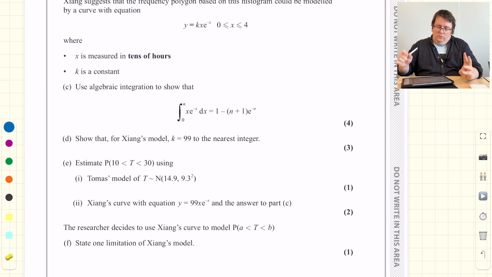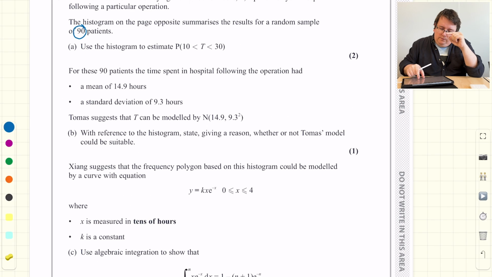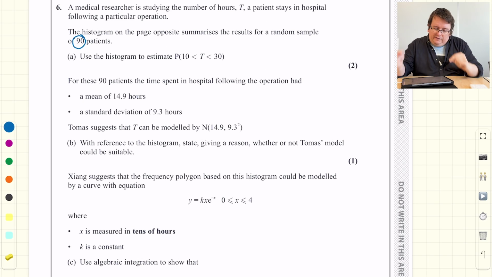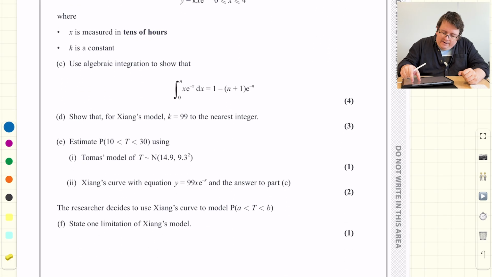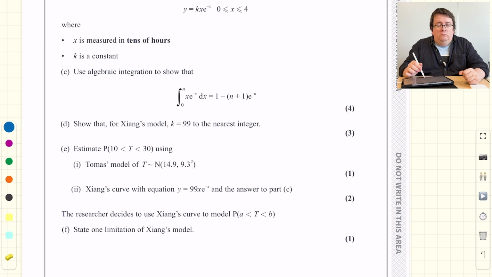So we know that the total number of people staying in the hospital, so patients, was 90. So we need the area to be 90 when we integrate kx e to the minus x. And x is going between 0 and 4, so they're your limits on your integral.